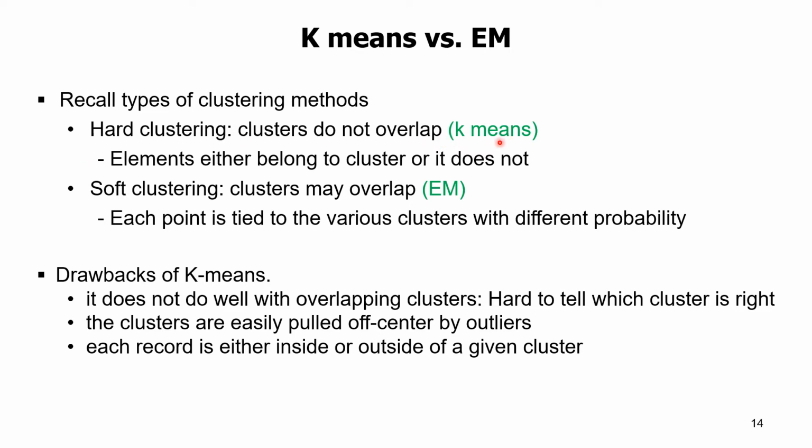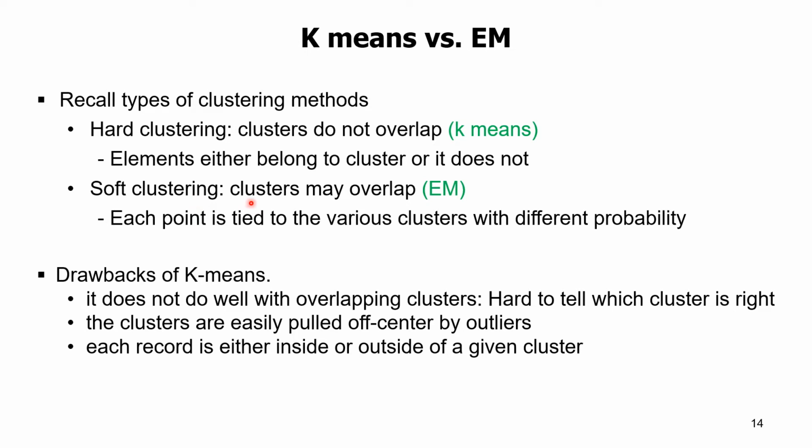The difference is this. K-means is hard clustering. That means clusters do not overlap. For every data point, it either belongs to a cluster or it doesn't. It can belong to only one cluster. That's hard clustering. On the other hand, EM is soft clustering.